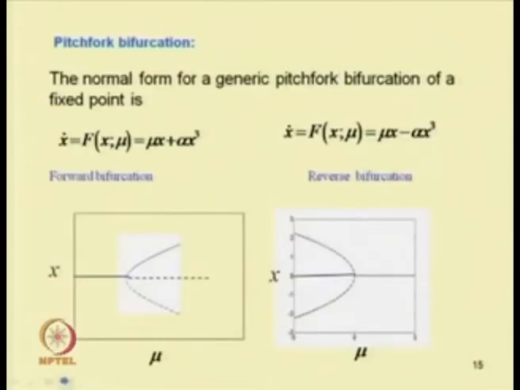Now, in case of the pitchfork bifurcation point, the generic form is x dot equal to mu x plus alpha x cube.